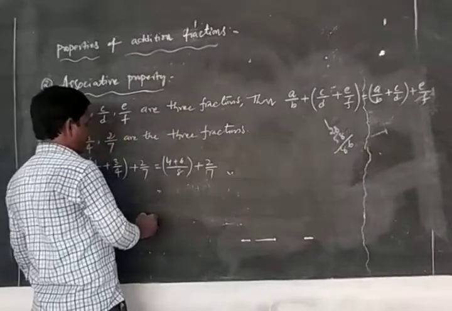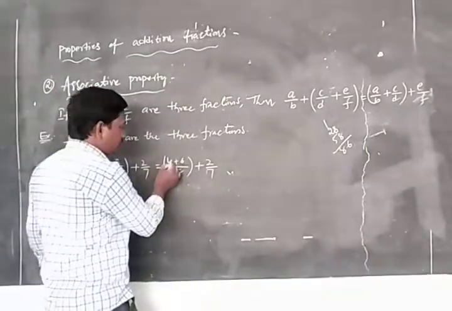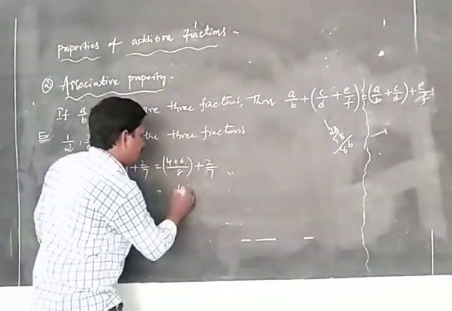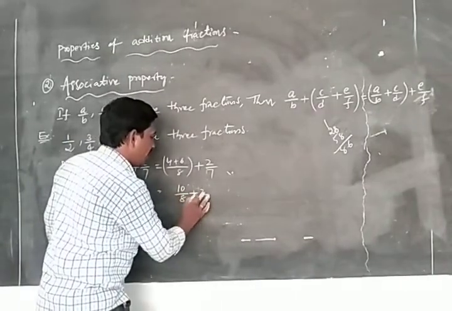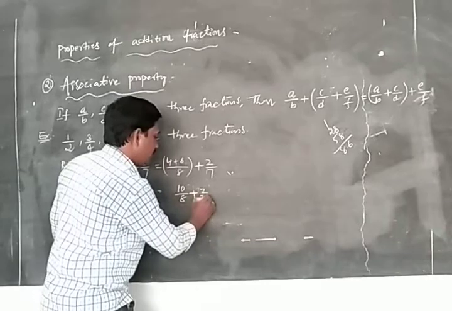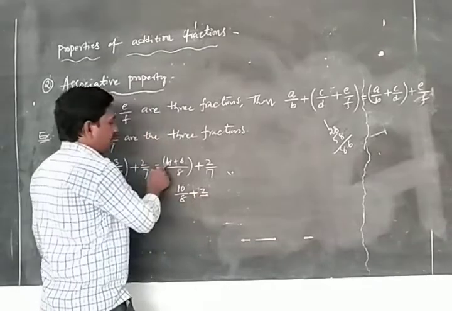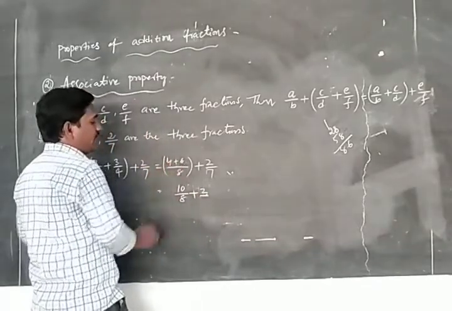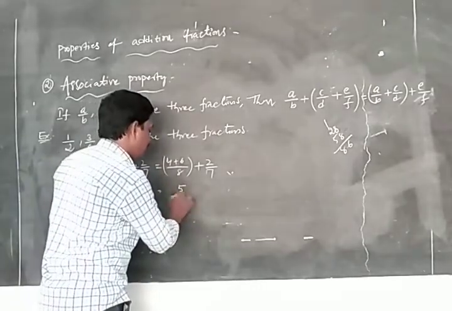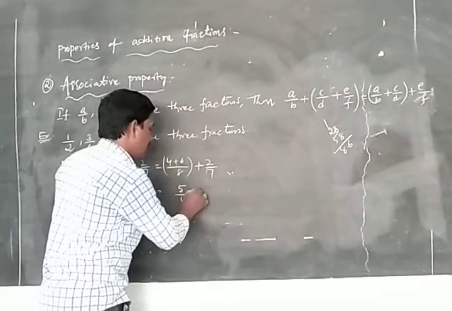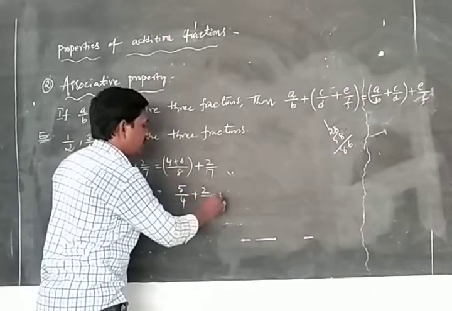Again 10 by 8 plus 2 by 7. 4 plus 6, 10. 10 by 8 means 5 by 4. 5 by 4 plus 2 by 7.